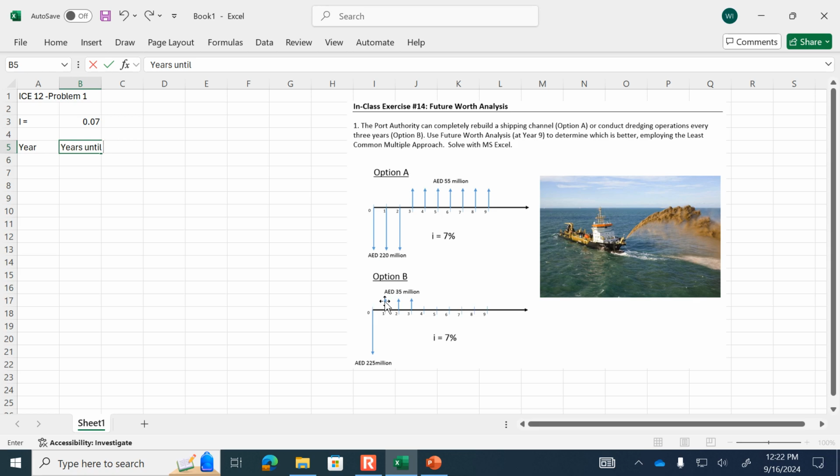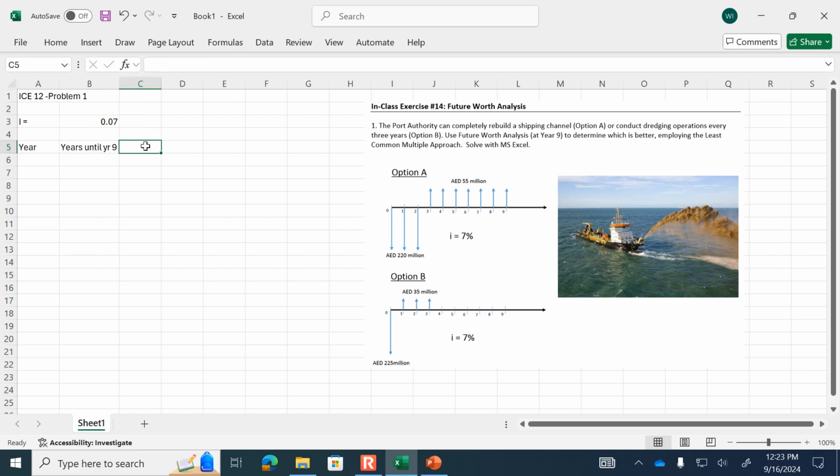So we're going to apply the LCM method with option B in order to make it the same study period. So we're going to use LCM. So years until year 9, since we're calculating future worth. Okay. Then we're going to have amount, FV of amount.